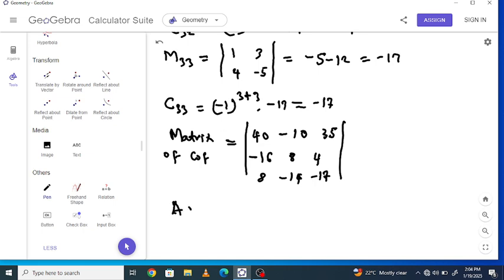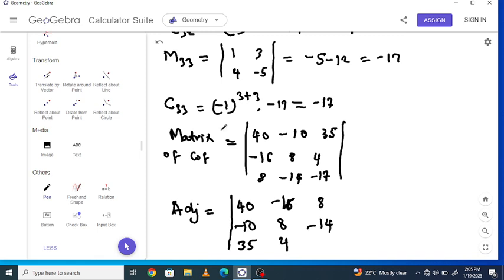Now our adjoint is the transpose, which is 40, negative 10, 35, negative 16, 8, 4, 8, negative 14, negative 17. That's our adjoint. But now we need our determinant.